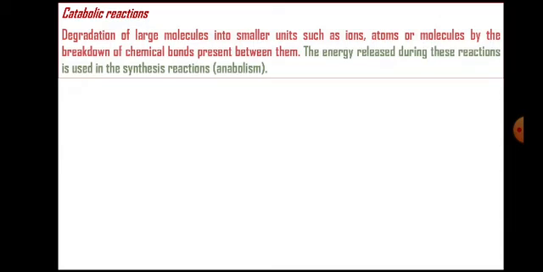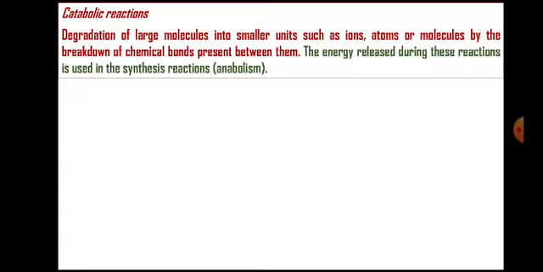Catabolic reactions. Catabolic reactions involve degradation of large molecules into smaller units such as ions, atoms, or molecules by the breakdown of chemical bonds present between them. So, during breaking of bonds, the energy is released.